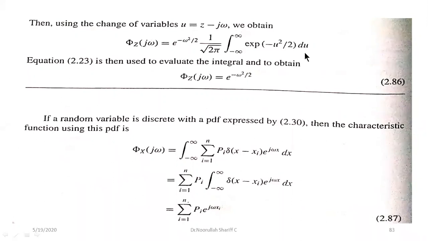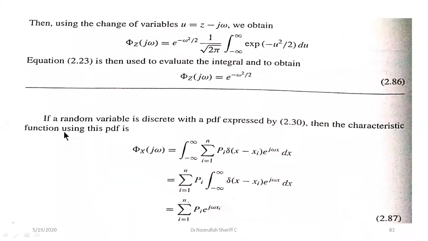This is equal to 1 because the area under the PDF curve is equal to 1. Total probability is equal to 1. Hence, we will get only this term over here.